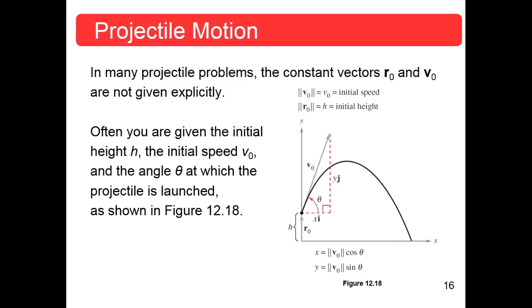Now, in many projectile problems, the constant vectors r0 and v0 are not given explicitly. Often you're given an initial height, which would be your y0 j.